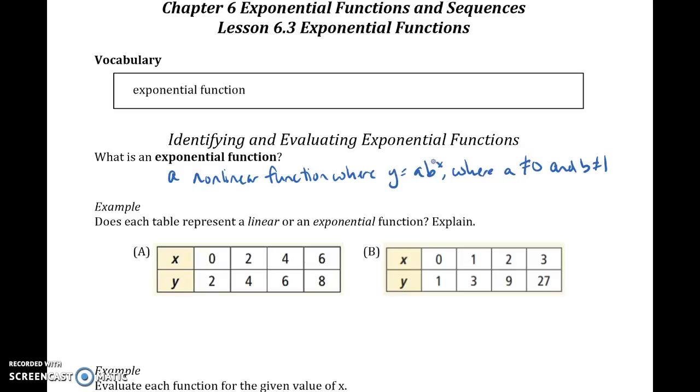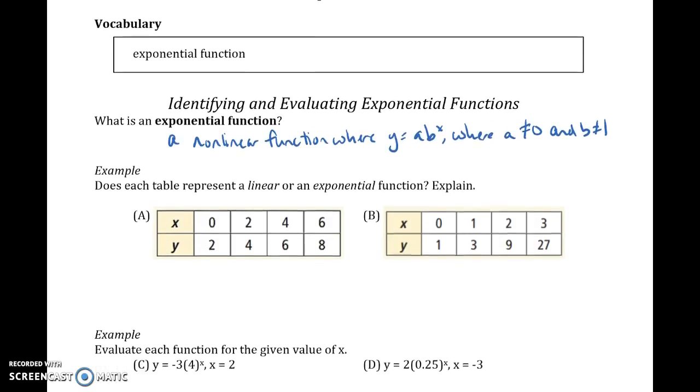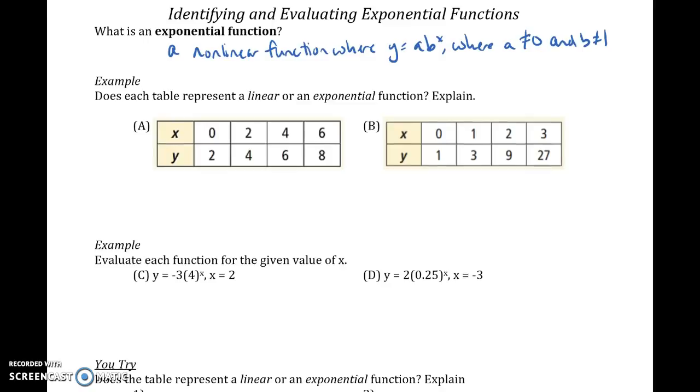But let's look at how we can identify if we have a linear or exponential function with this first example. So remember, how can we tell if something's a linear function from a table? Remember, we're looking for a constant rate of change. Like, are we adding x by 2 every time? Are we adding y by 7 every time, right? Versus an exponential function.